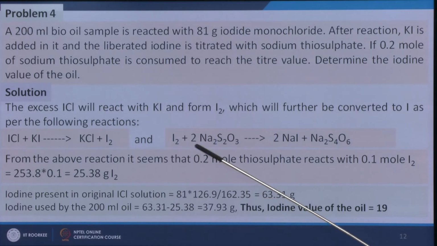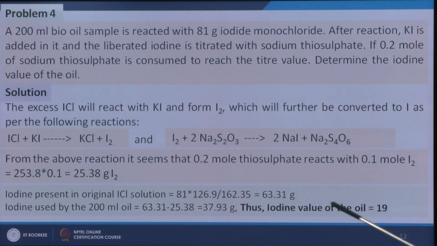Here we see in this reaction 2 moles of thiosulfate react with 1 mole of iodine. So, from the above reactions, 0.2 mole of thiosulfate reacts with 0.1 mole of iodine.